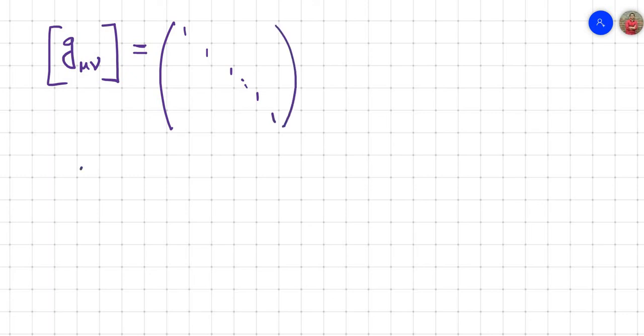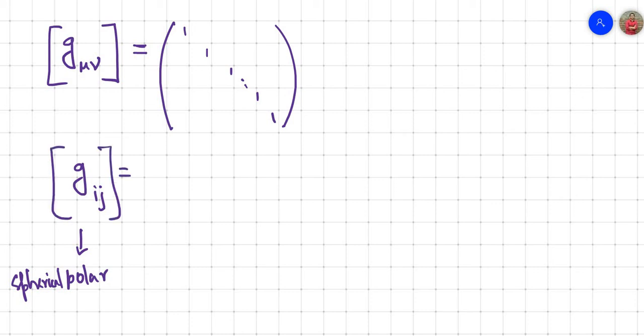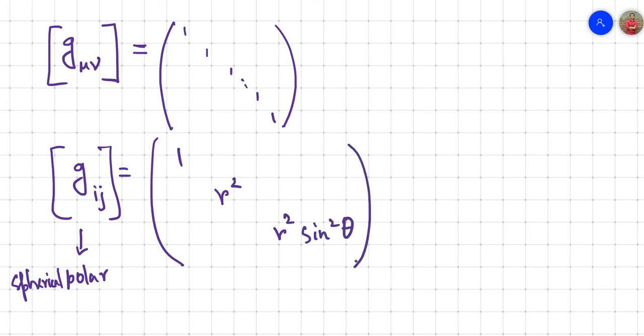If we take, for example, the metric for the spherical polar coordinate system, then we would get 1, r squared, r squared sine squared theta. In the next section, we'll talk about the transformation of the metric tensor and how it transforms as we change the coordinate system, that means as we go from one coordinate system to another.